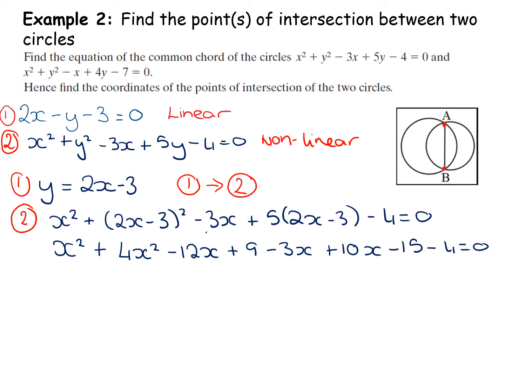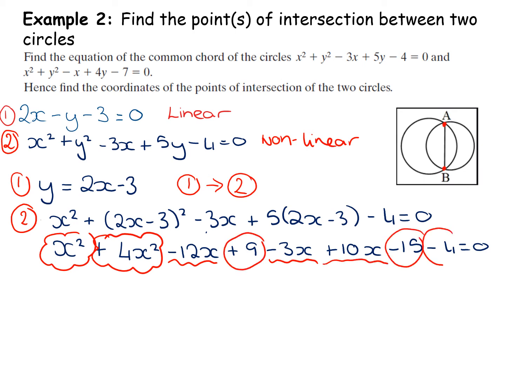Now this is quite long, so do be careful and use highlighters, or like here, I'm going to use kind of shapes to help me add any like terms. And then I have a plus 9, a minus 15 and a minus 4. What we'll get now is a quadratic. So my quadratic is 5x squared.